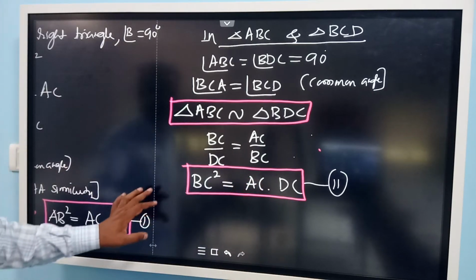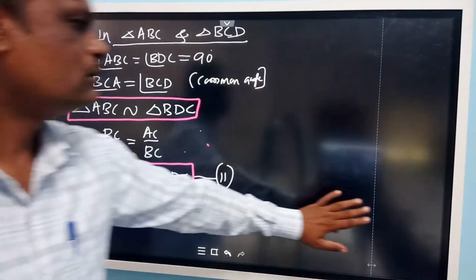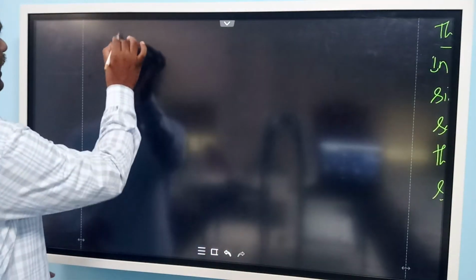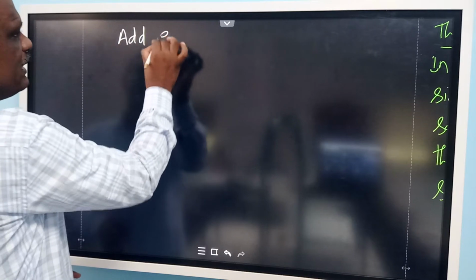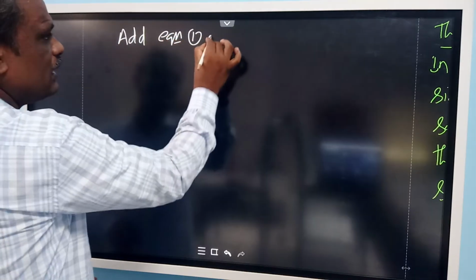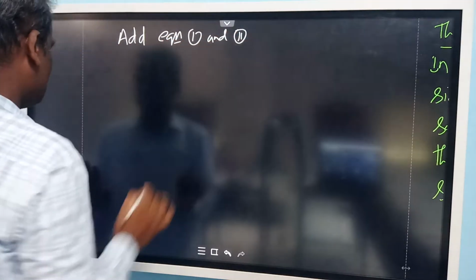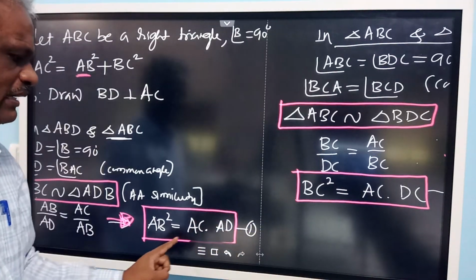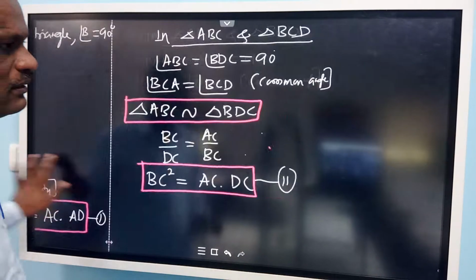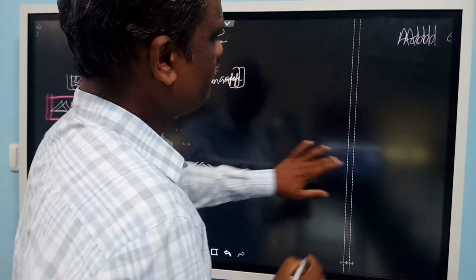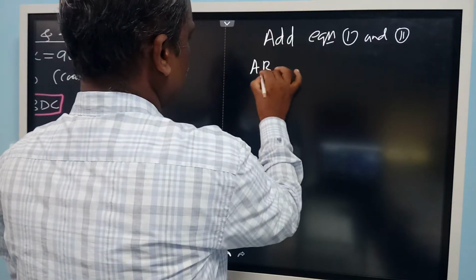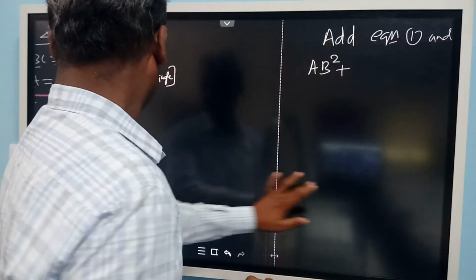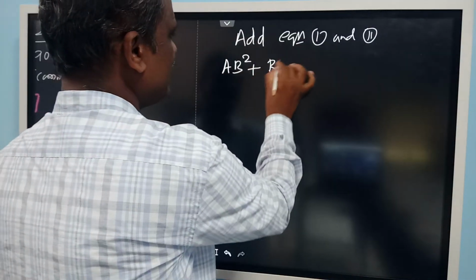Now add these two. Add equations 1 and 2. Let us see what you will get. Equation 1: AB square is equal to AC into AD. AB square plus BC square, second equation.